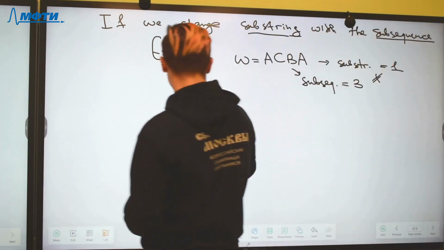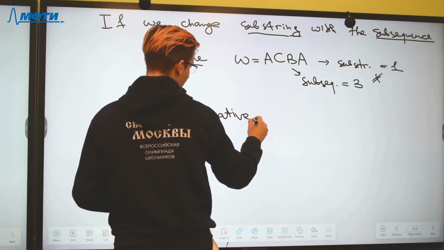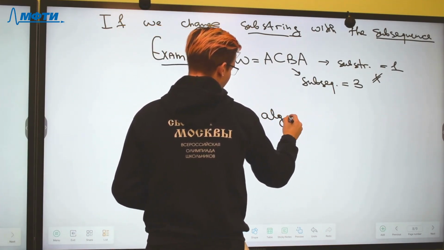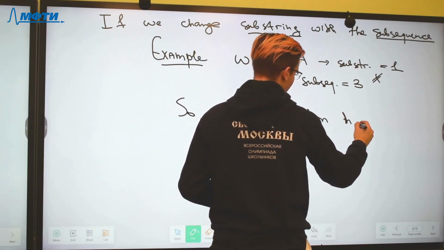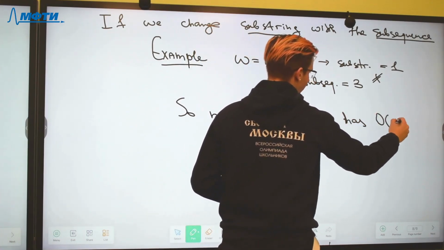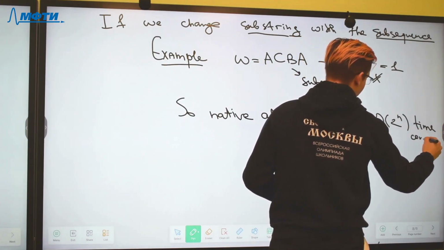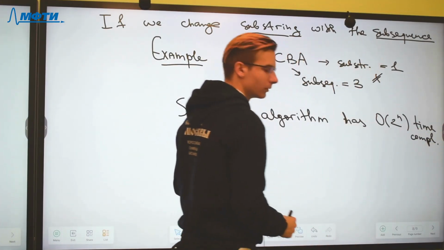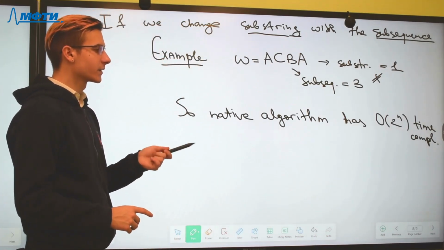And so the naive algorithm has O(2^n) time complexity, and it is exponential time.